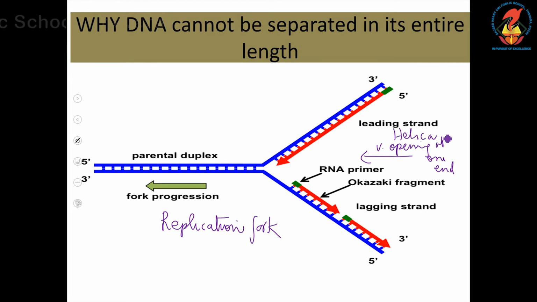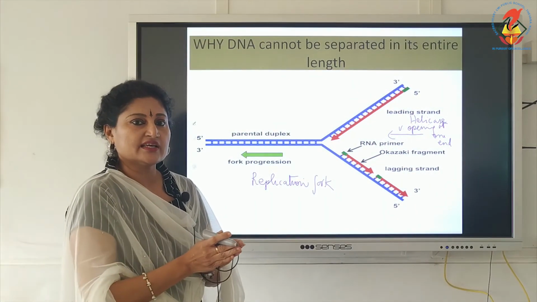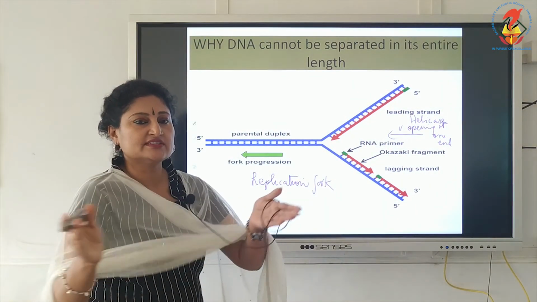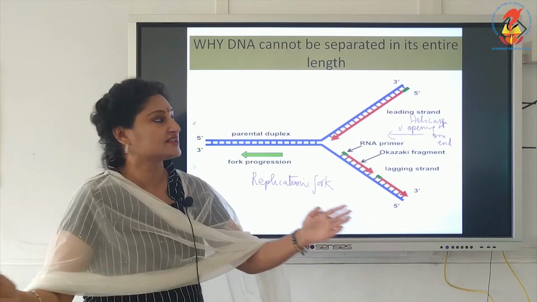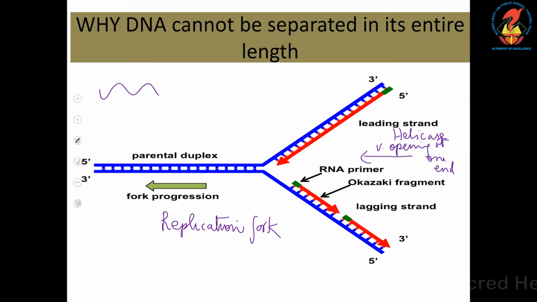We have learnt this under DNA replication. Now a question I am asking: why can't that helicase unwind and separate the two DNA strands right across the entire length like a ladder? See, this is the DNA, why can't it separate like this?